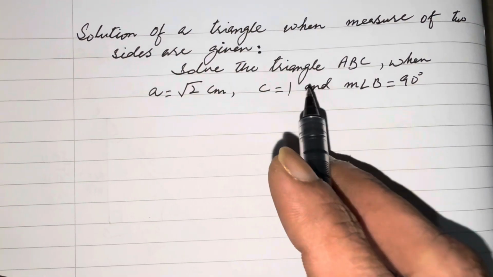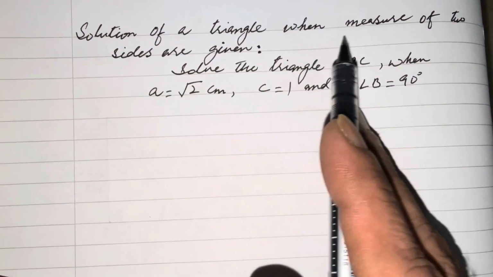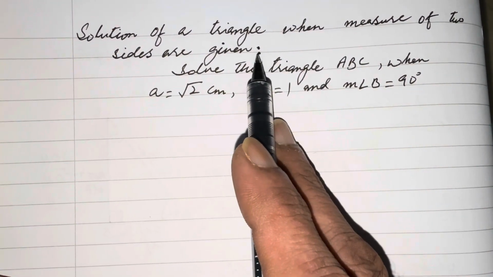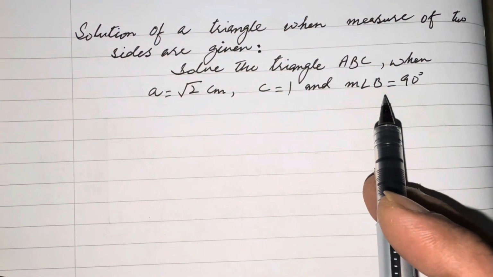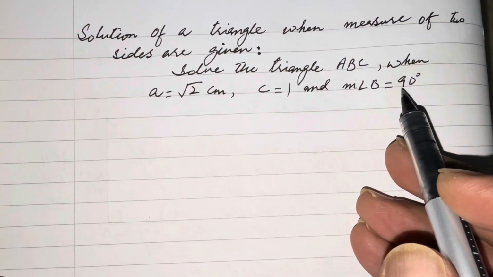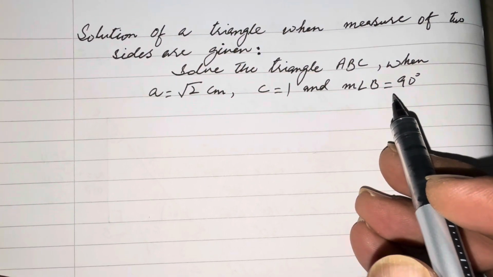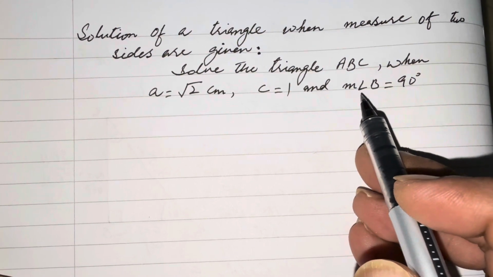So in today's lecture we are going to find the solution of a triangle when the measures of two sides are given. It means we have only one angle of this triangle, that is 90 degrees, which means it is a right angle triangle, and we don't know the other two angles.